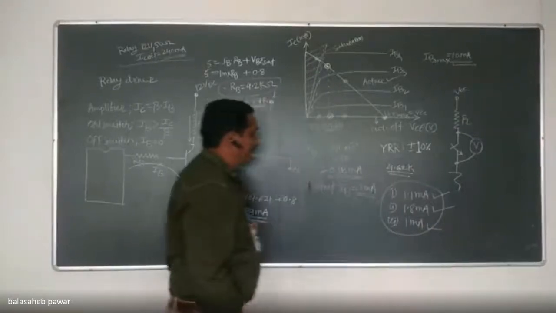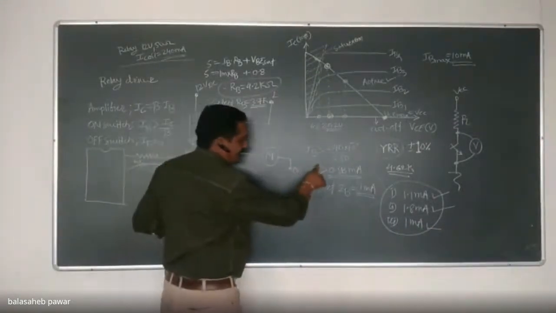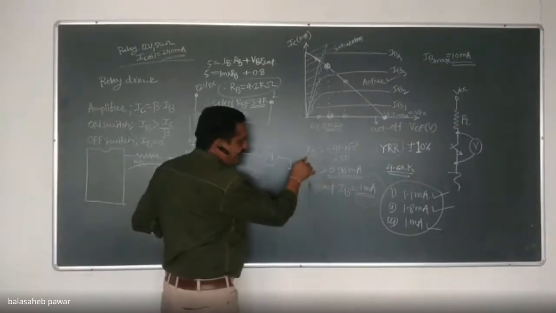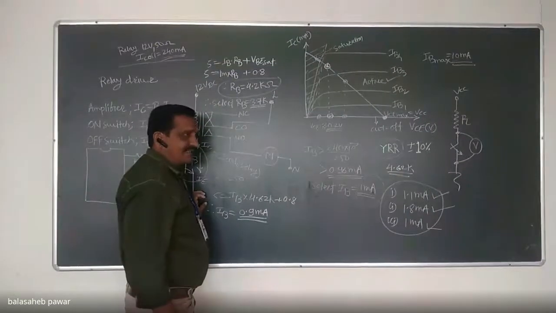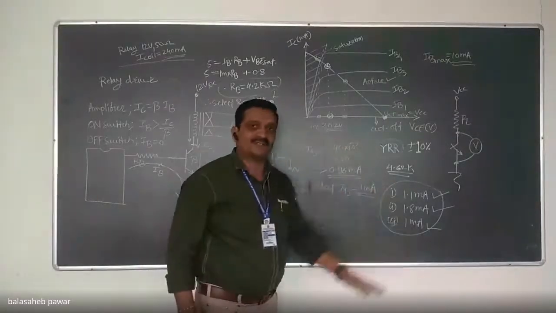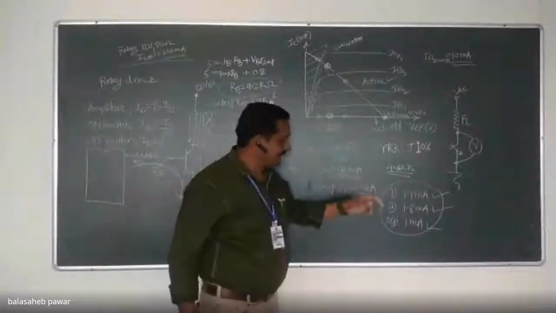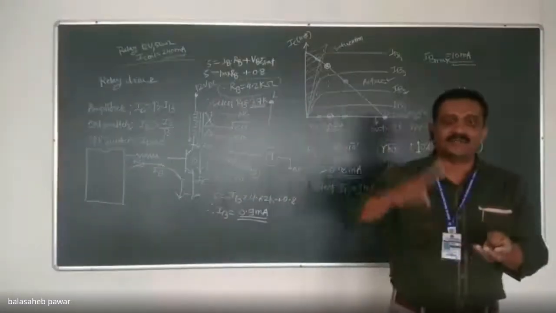And as per our requirement, what is the conclusion? That IB should be greater than 0.96 milli. Is it okay? Yes, sir. Looking at all these three conditions, whatever the tolerance of that resistor, the current through that transistor will be from 1 milliampere to 1.8 milliampere.